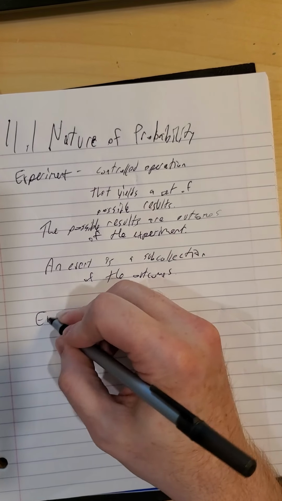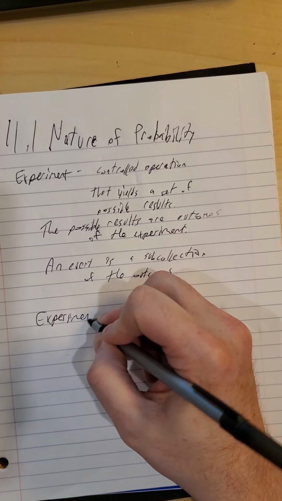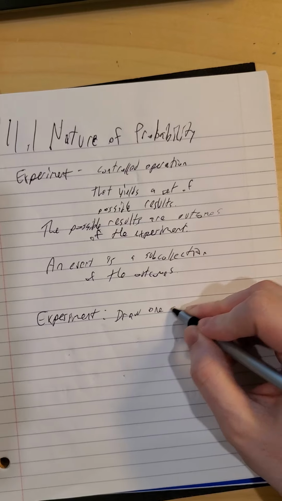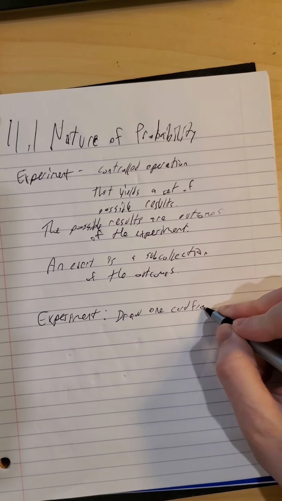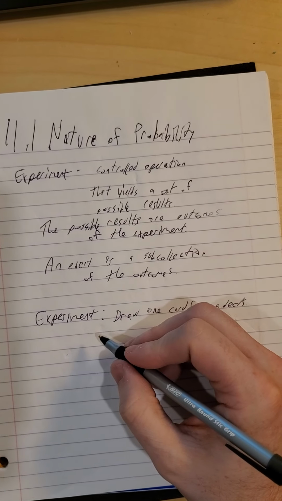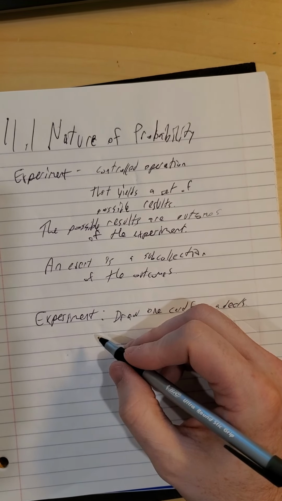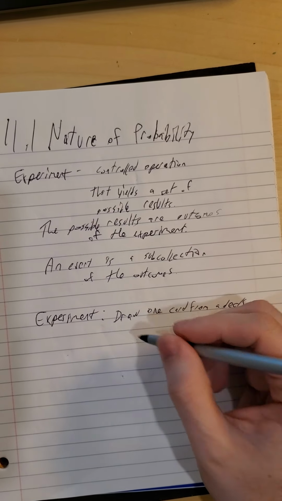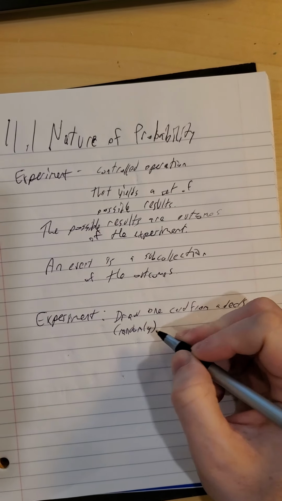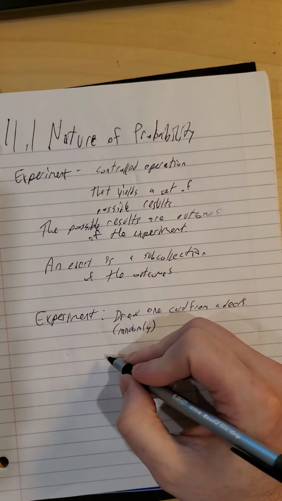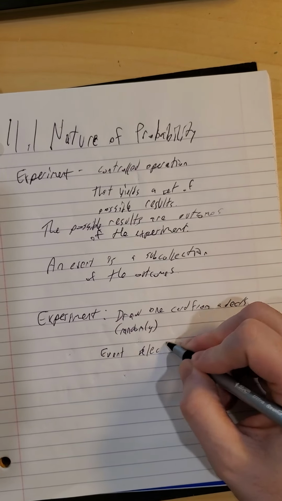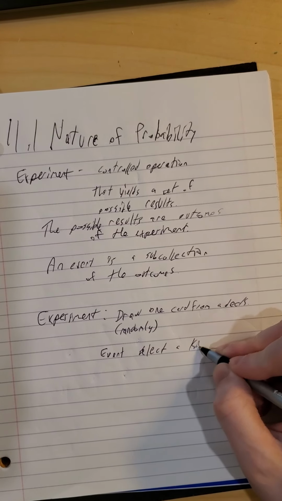So for example, you can have an experiment: draw one card from a deck. So that's our experiment. We are assuming we draw it randomly. An event might be that we select a king.